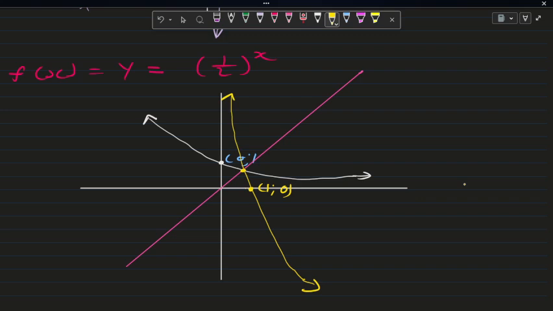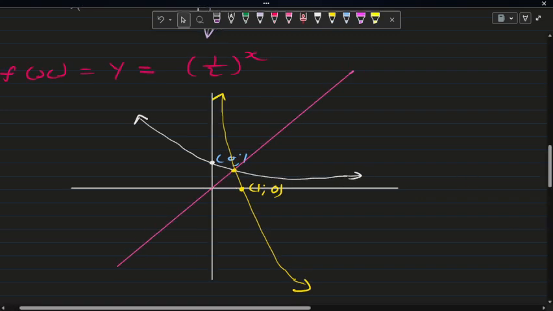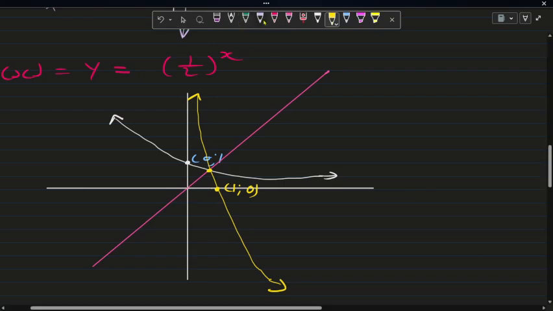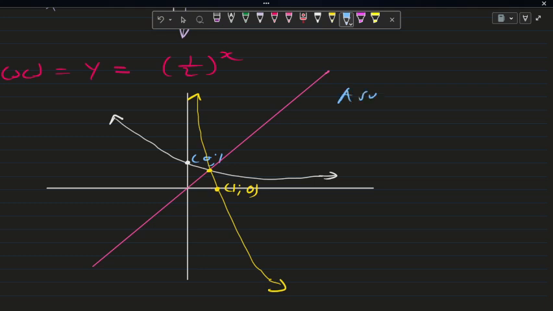Now, it is very important to note the properties of an exponential function. For the exponential function, we have the asymptote, which is given by y is equal to 0 in this case, or the x-axis.